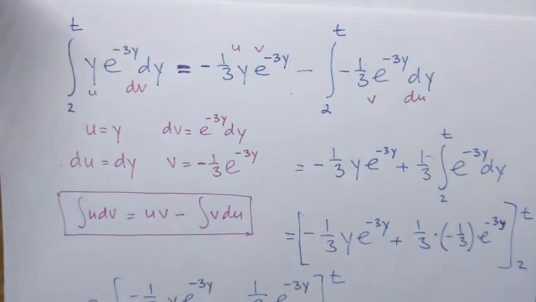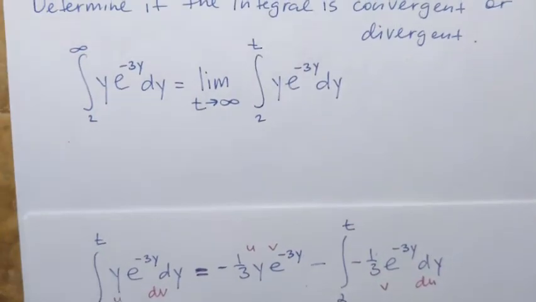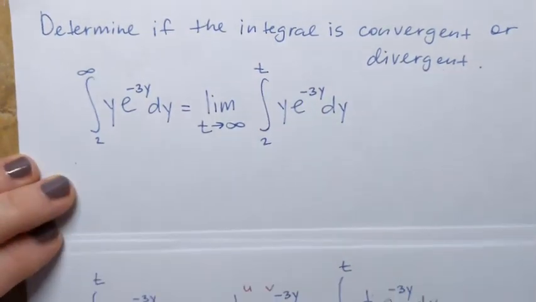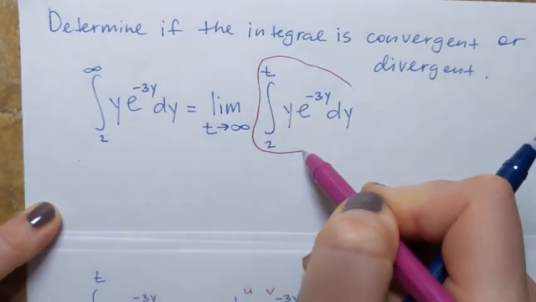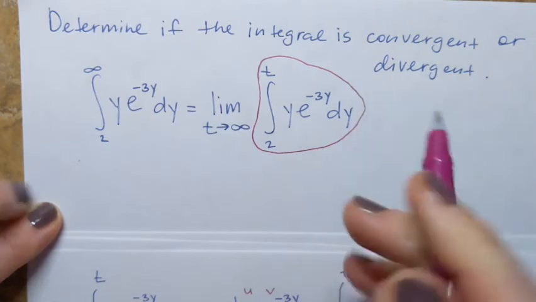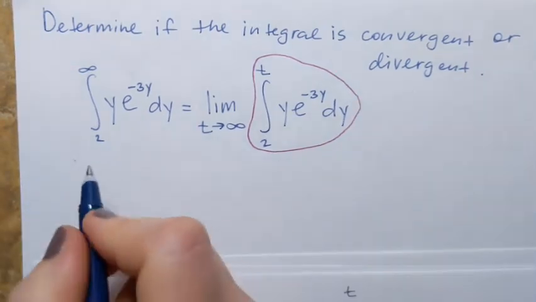And the result that we just obtained has to be put back into the following limit. So what we just obtained the result for is this integral. And the last step will be to apply a limit. So let me rewrite.